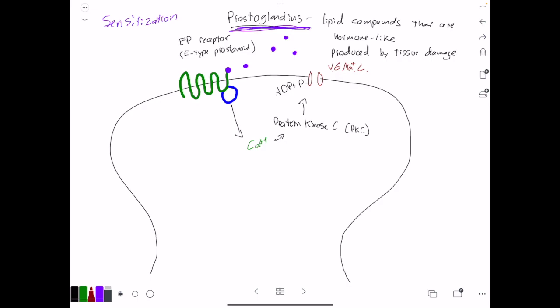And in this example, where it specifically phosphorylates this one, what effect does it have on our channel? Well, it lowers the membrane potential activation threshold.